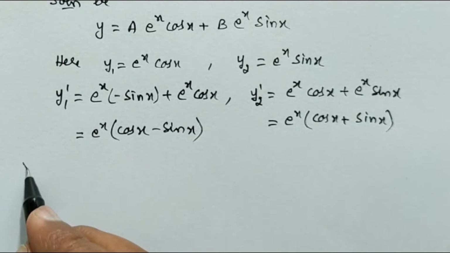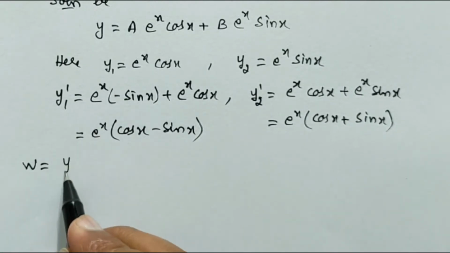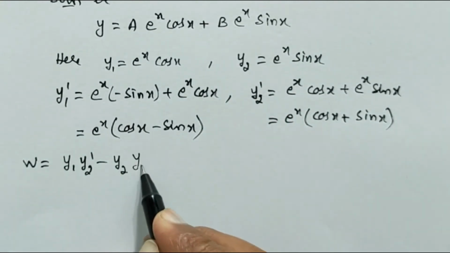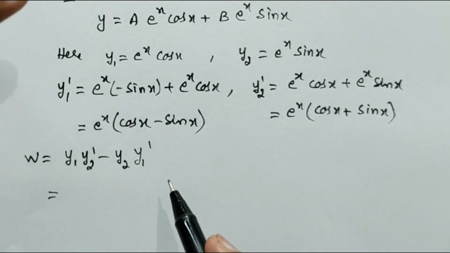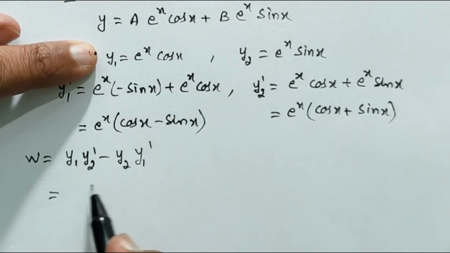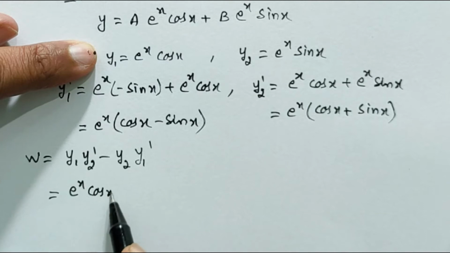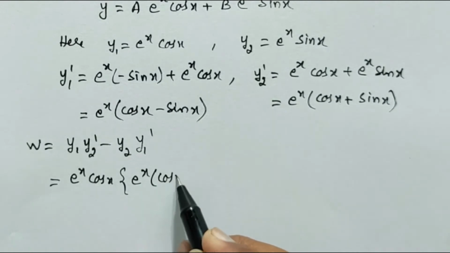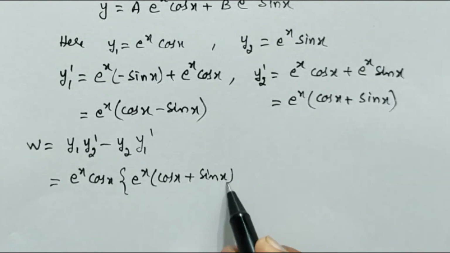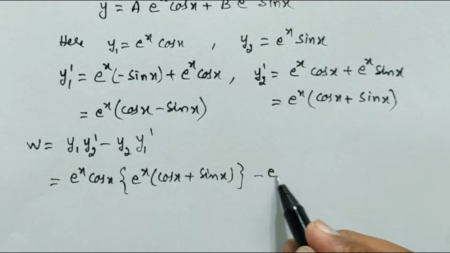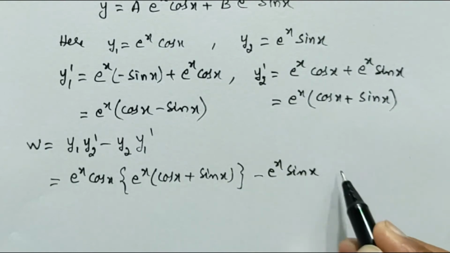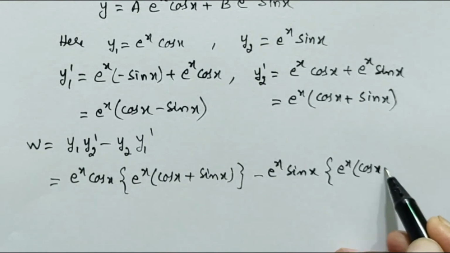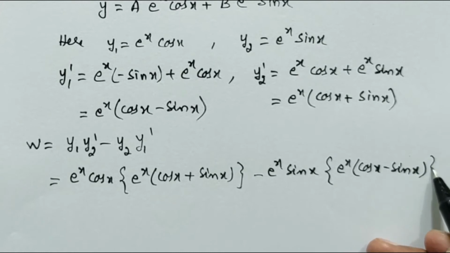Now the Wronskian W is y1 y2 dash minus y2 y1 dash. Let us multiply this. y1 y2 dash is e power of x into cos of x multiplied by e power of x into cos of x plus sine of x, minus y2, which is e power of x into sine of x, times e power of x into cos of x minus sine of x.